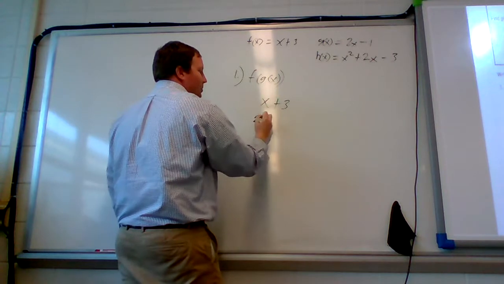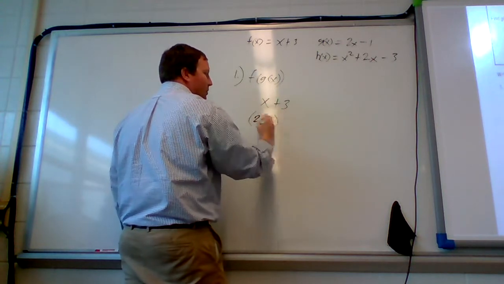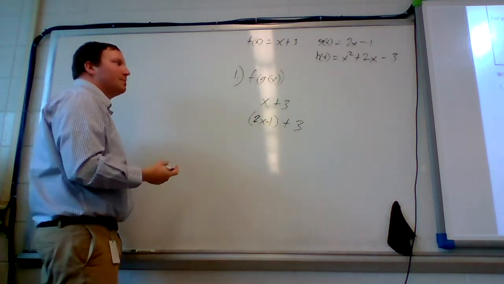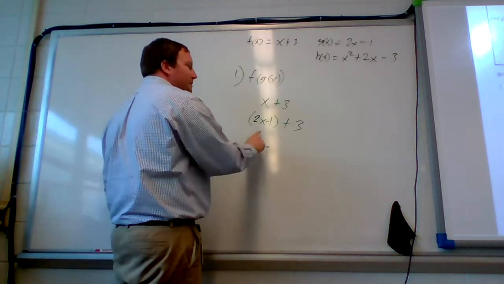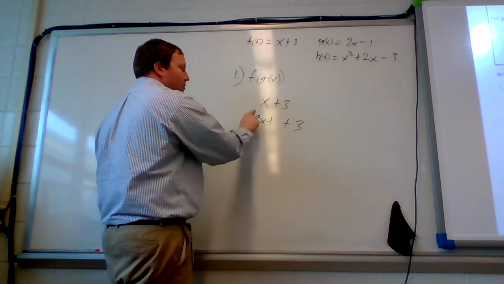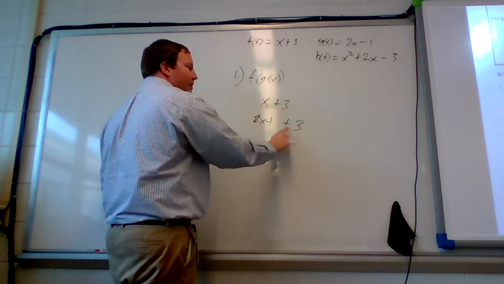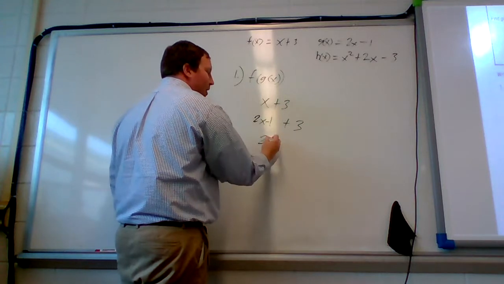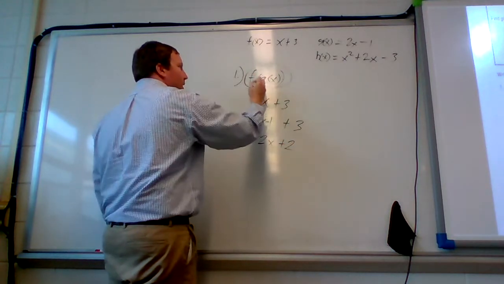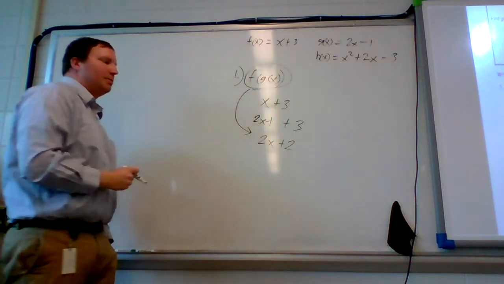So that's going to get us 2x minus 1 plus 3. Then we want to simplify or plug it in together. We can drop our parentheses in this case. We're not distributing anything across. And combine our like terms. So that's going to get us 2x plus 2 is f of g of x.